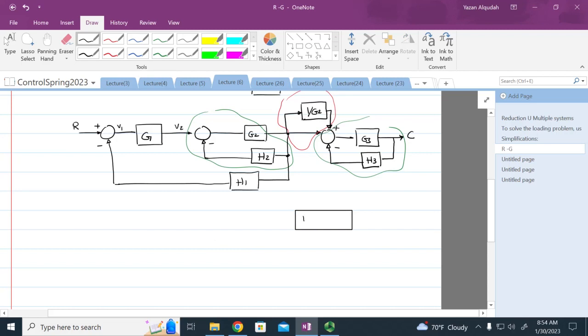So here we have 1 plus 1 over G2. I have G3 over 1 plus G3 multiplied by H3. Is it clear where this one is coming from? From this line here.